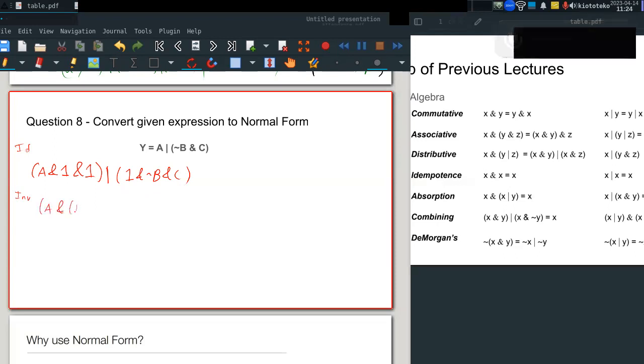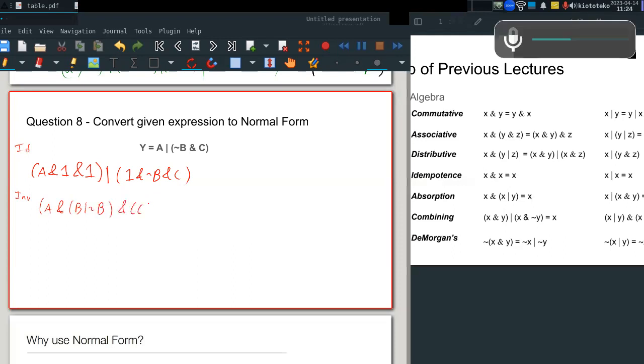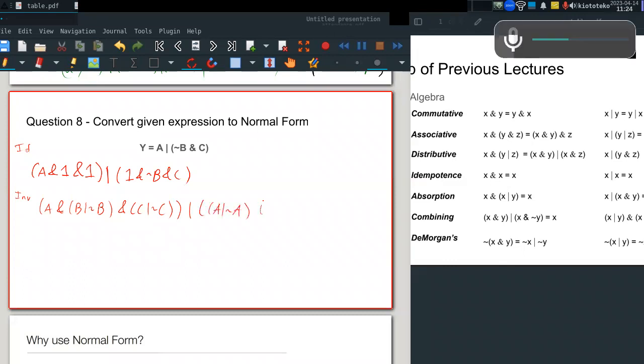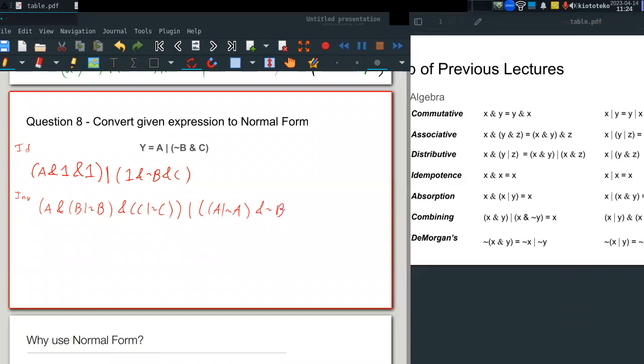So this is B or not B. This is C or not C. Or A or not A, and not B, and C, no? And now it's just a matter of distributing, so that's the tedious part, no? So everything after this will be distribution. So let's see.